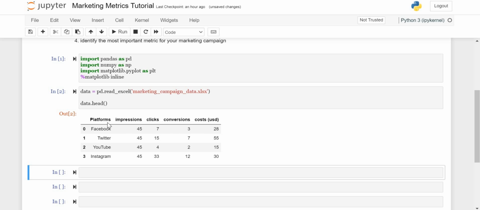Basically, we have the platforms column, which comprises the platforms, which are Facebook, Twitter, YouTube, and Instagram. Then impressions, then clicks, conversion, cost in US dollars.